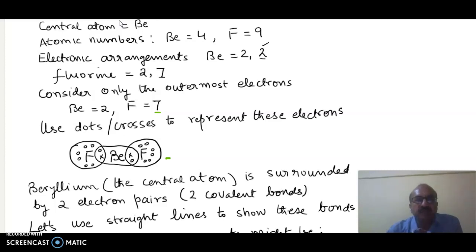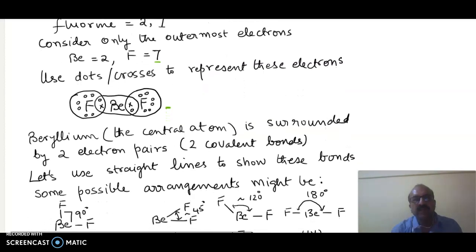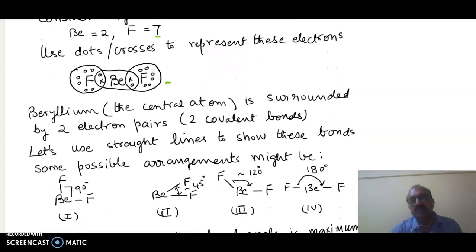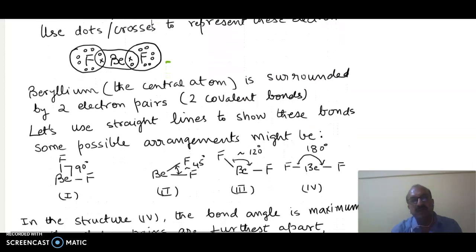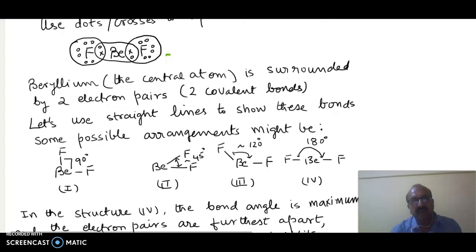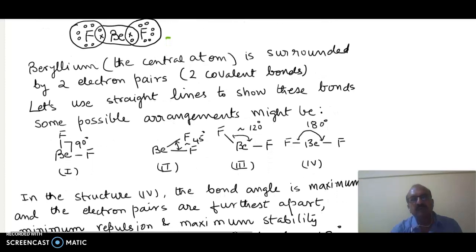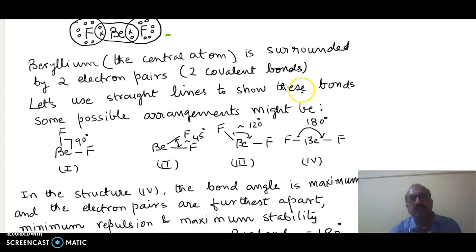When we have 2 electron pairs which form 2 covalent bonds, let us use straight lines to show these bonds, and then try to find out the possible arrangements which might occur for beryllium fluoride. So I have used straight lines to show the 2 covalent bonds formed by beryllium.